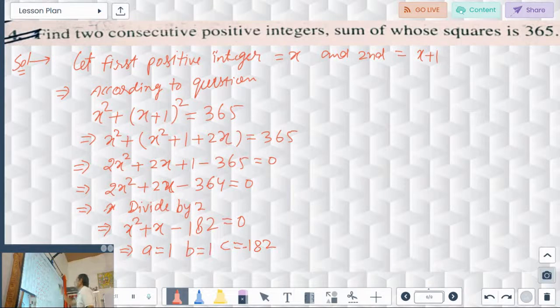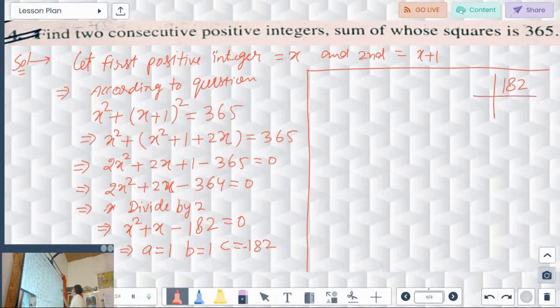Now the factors of 182 are 2, 7, 13, and b equal to 1, so the factors are 14 and 13, minus and plus, so 14 and minus 13.